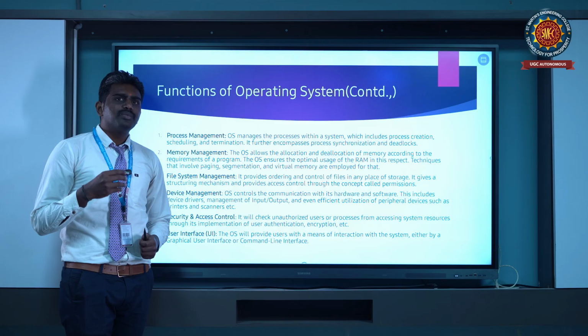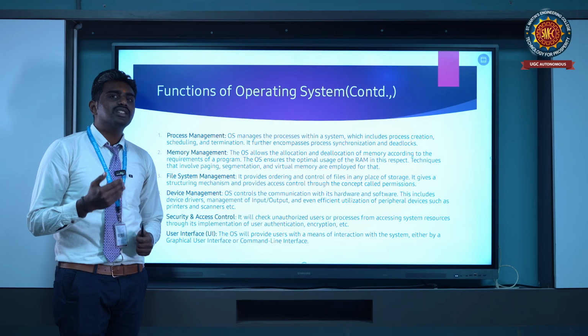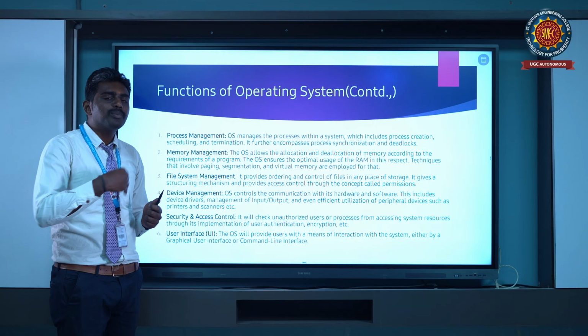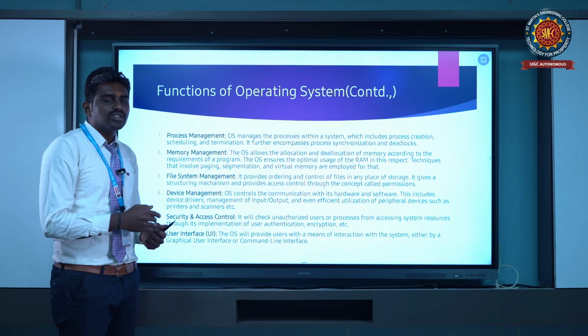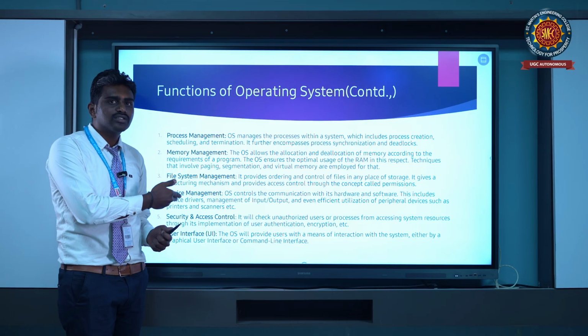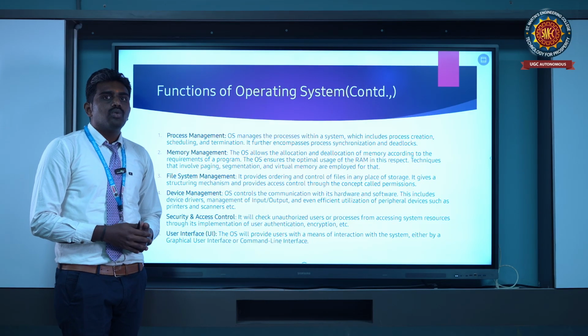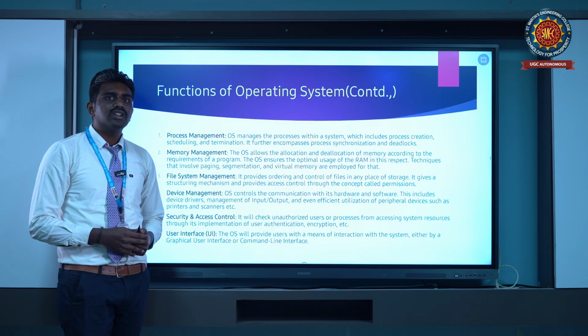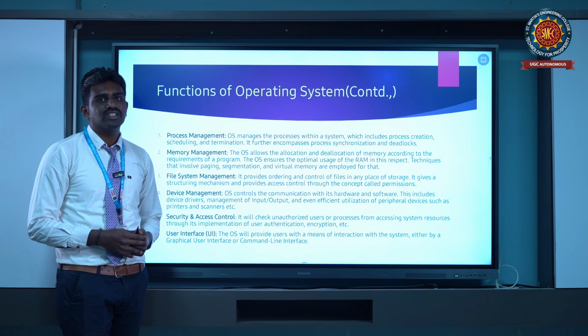The user interface is a major role of the operating system because it shows the system functions and how to use them on the user side. The UI has two different categories in the operating system: one is GUI, graphical user interface, and the other is command line interface, CLI.